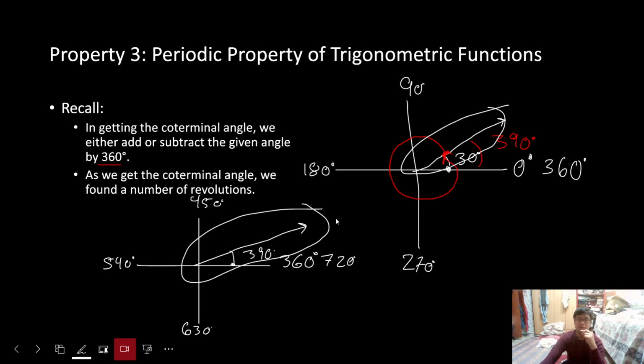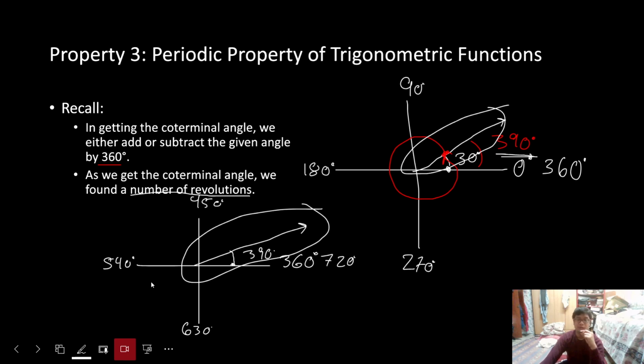As we get the coterminal angle, we notice that we found a number of revolutions. We have 30 degrees as a given angle. Then we get 390 degrees by adding 360 to 30. As a result, you have 390 degrees, which is the coterminal angle. Once again, 390 degrees is located on the second revolution, which is here.